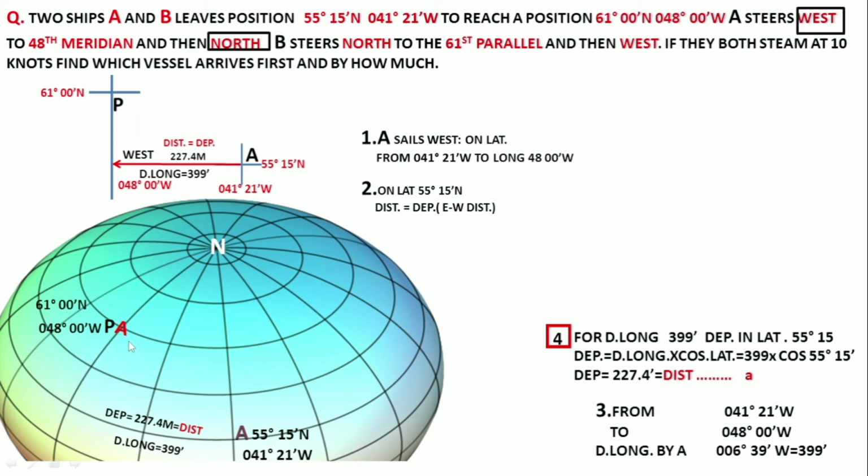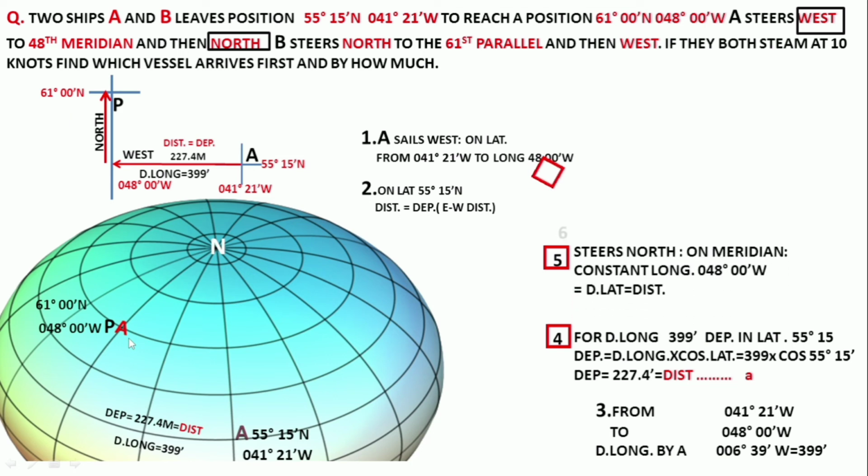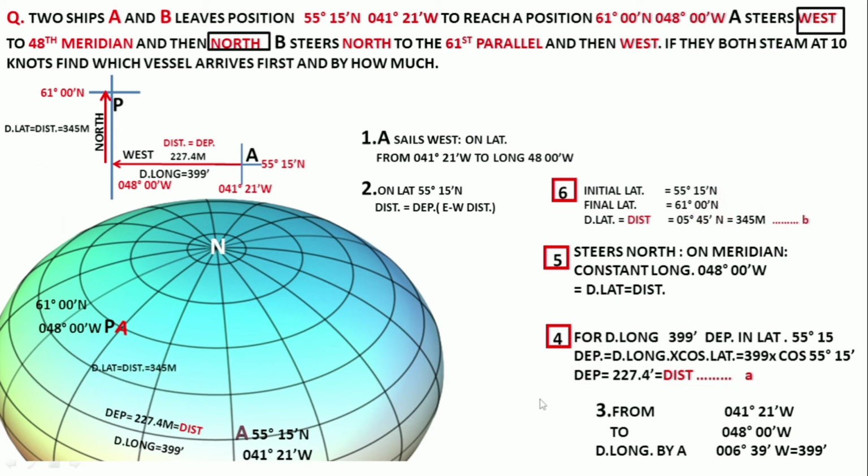And she reaches her destination. So the distance covered when she is going north is your D lat. And the D lat between the two parallels, she left 55, reached 61. So that is the distance she has done, 345. So the total distance done by A would be 227 plus 345.